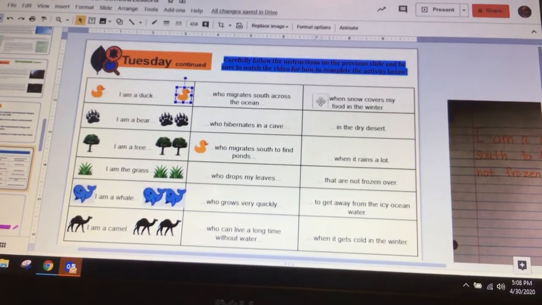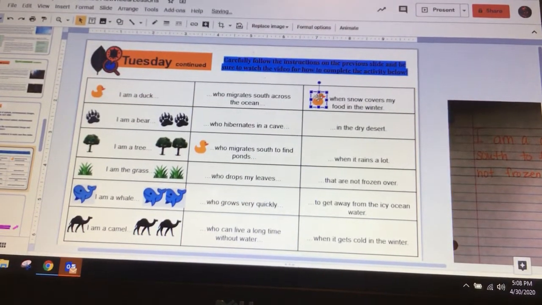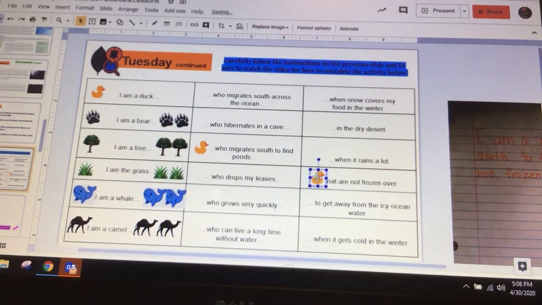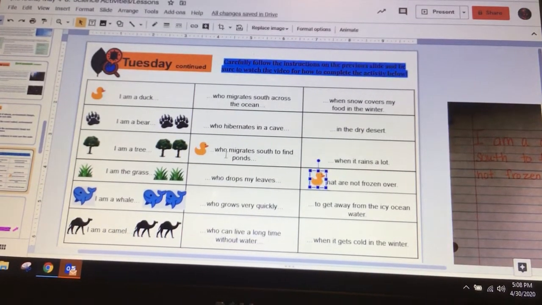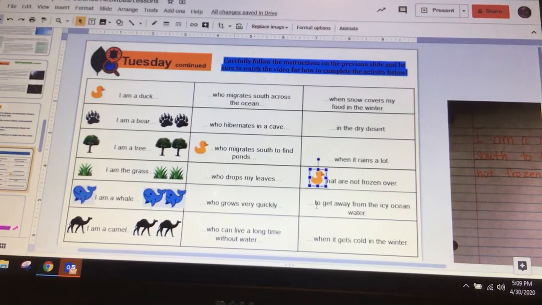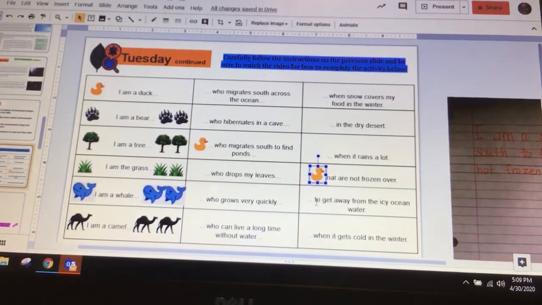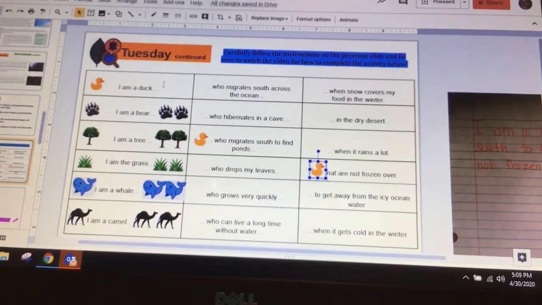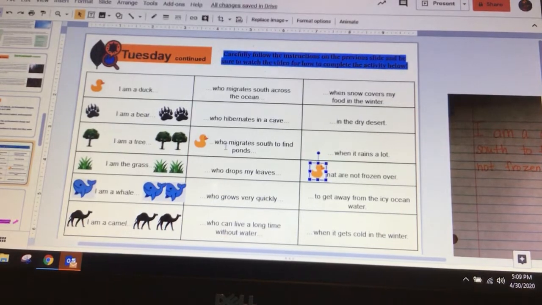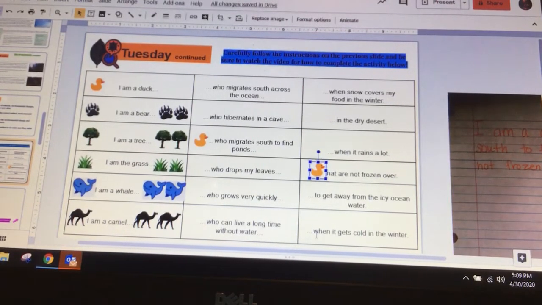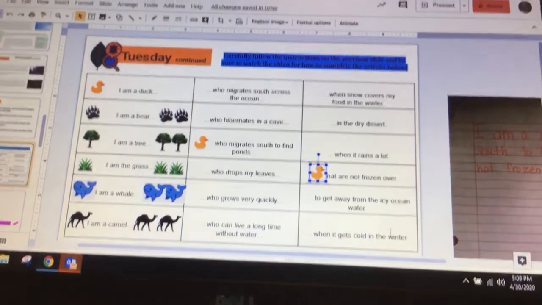Okay, so I'm thinking this one sounds good, and I'm thinking that one sounds good. I'm a duck who migrates south to find ponds to get away from the icy ocean water. I don't think so. I'm a duck who migrates south to find ponds when it gets cold in the winter. That one sounds good too, okay? But here's the thing.